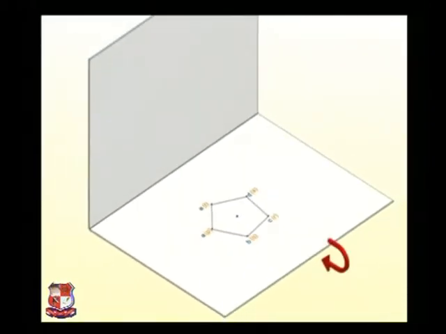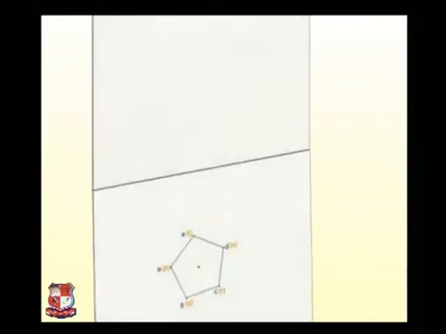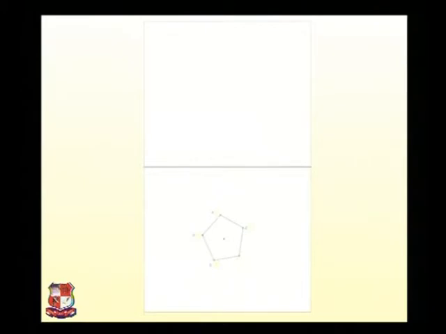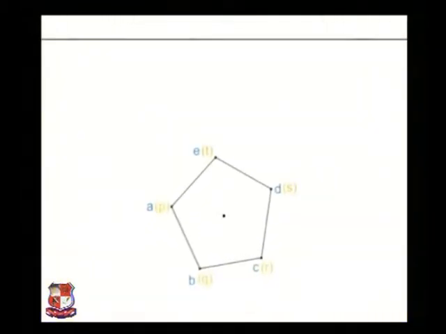Let's draw its projections. For this, first draw a horizontal reference line XY. Below the line XY, we'll draw the top view, which is a pentagon with side 50 mm. Observe that the top face A, B, C, D, E is visible and the base P, Q, R, S, T is hidden.